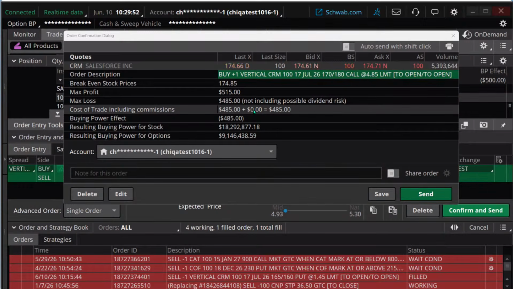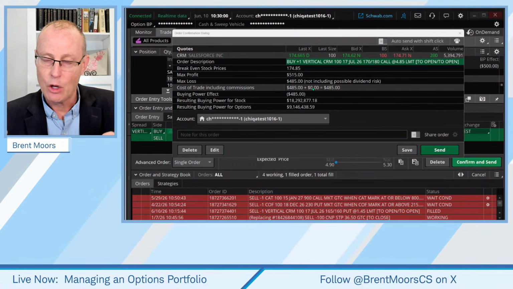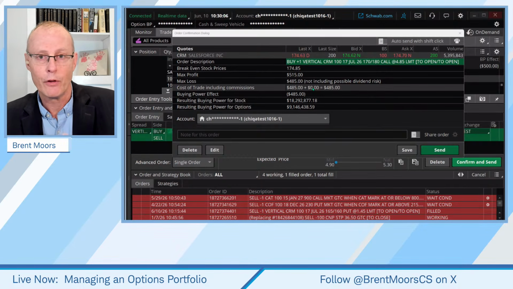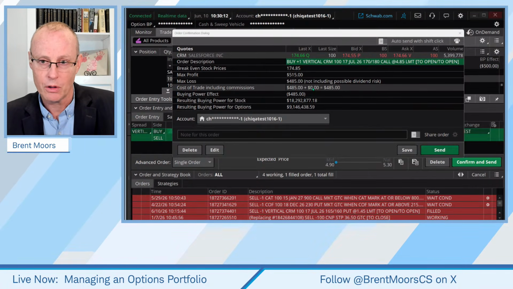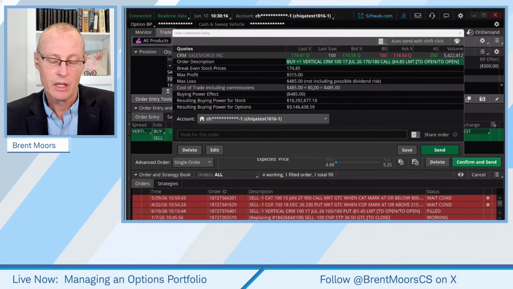If you watch Connie do a webcast, it's probably not that different in terms of the strikes we're picking here. If you want to do a higher probability trade where the stock can be more neutral-ish, we're going for the short put verticals. If we're going to be more directional, we may do the long verticals, and you can shift the strike prices accordingly to tweak the trade a little bit.